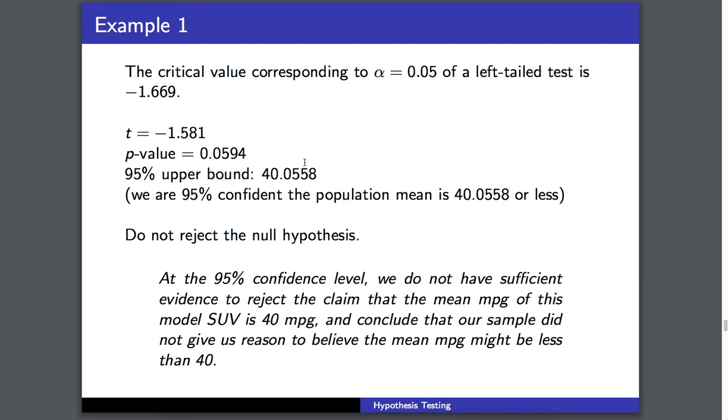At the 95% confidence level, we do not have sufficient evidence to reject the claim that the mean miles per gallon of this model is 40 miles per gallon, and conclude that our sample did not give us reason to believe that it might be less. So even though we got 39 miles per gallon for our sample, it was not considered statistically significant enough, and that was just the way the cookies crumbled.